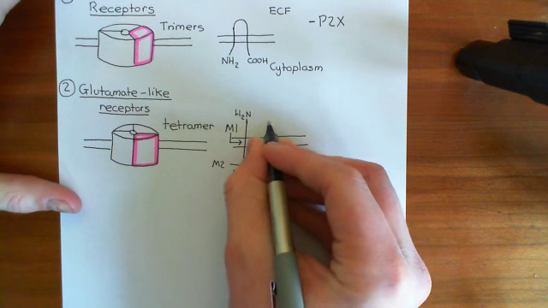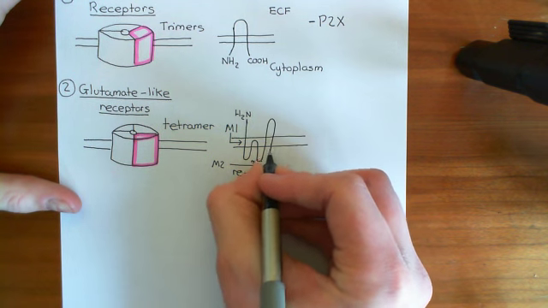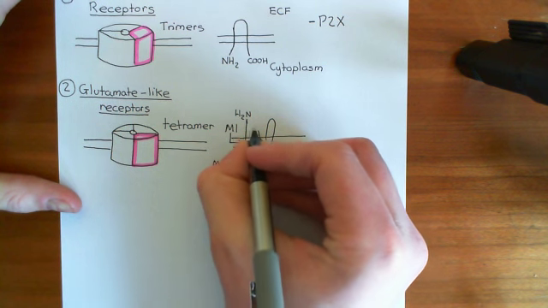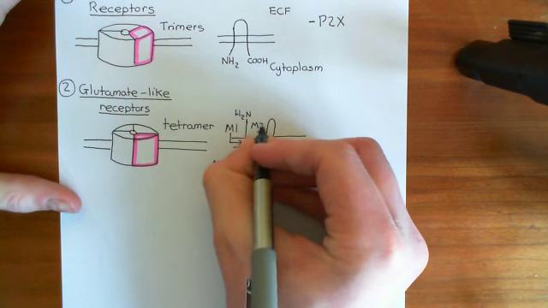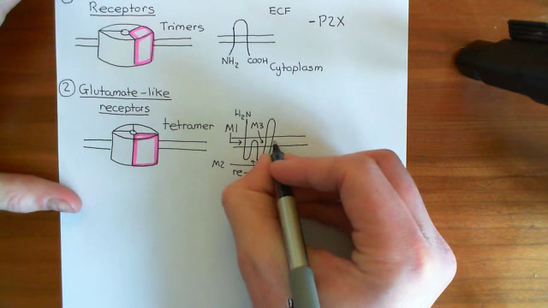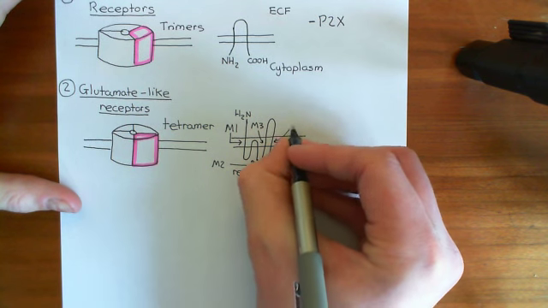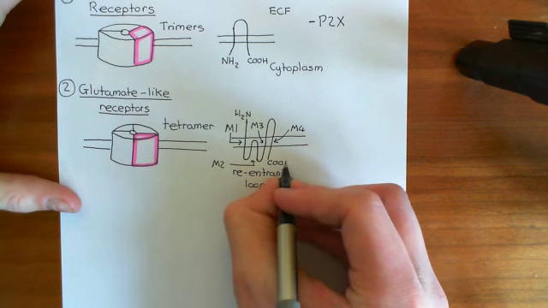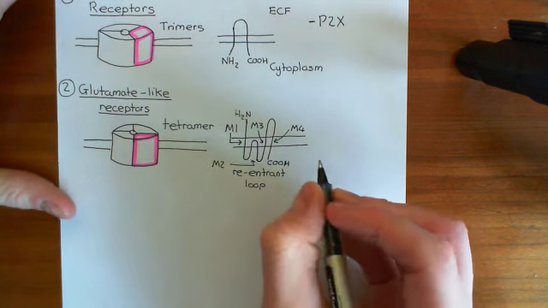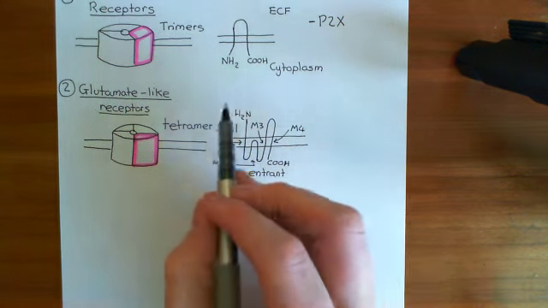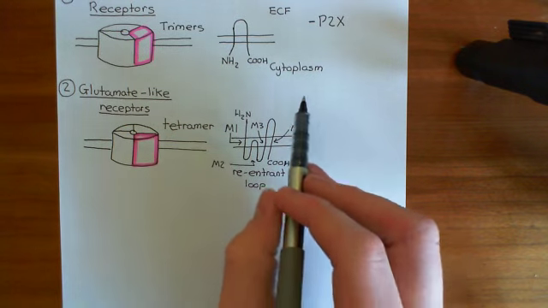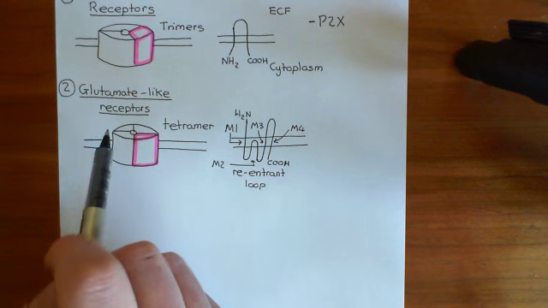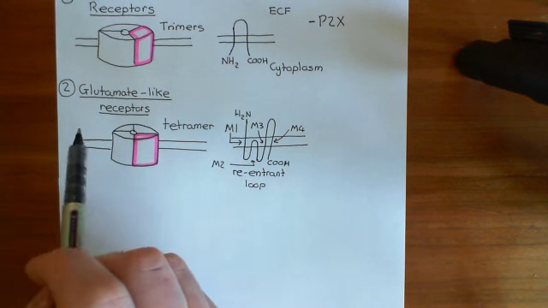Then you have M3 and then M4, so 2 more full membrane-spanning alpha helices. This third membrane-spanning alpha helix, well actually it's only the second, but it's called M3. And this one here is called M4, which then leaves the carboxylic acid terminus of this subunit on the cytoplasmic side. So that's the conserved membrane-spanning topology of the subunits of glutamate-like receptors.